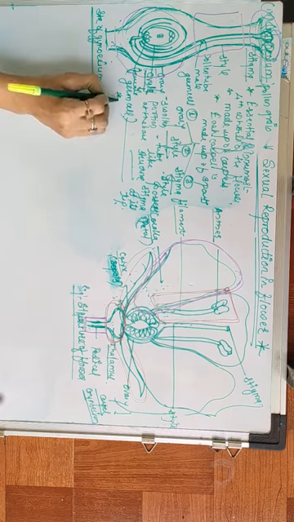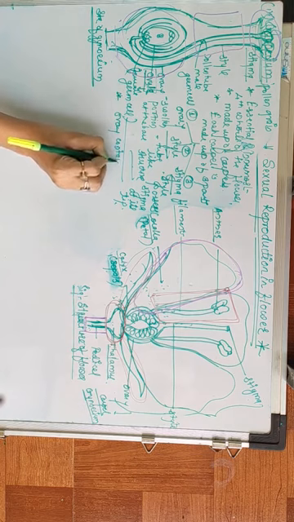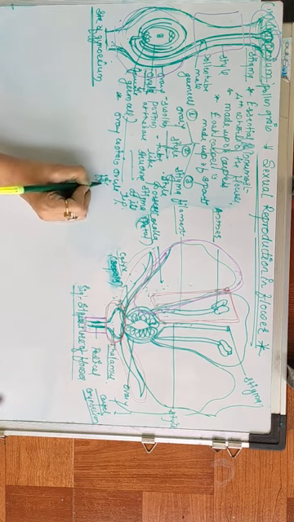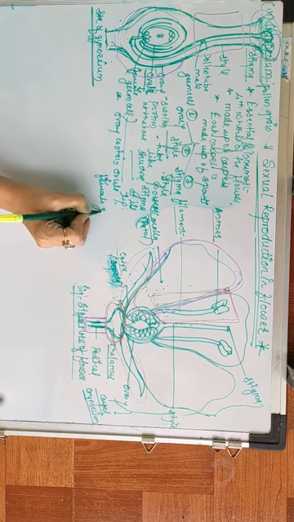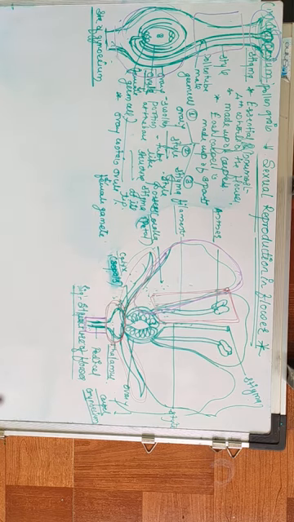So the next point is, what does the ovary contain? Ovule, and that ovule possesses the female gamete.